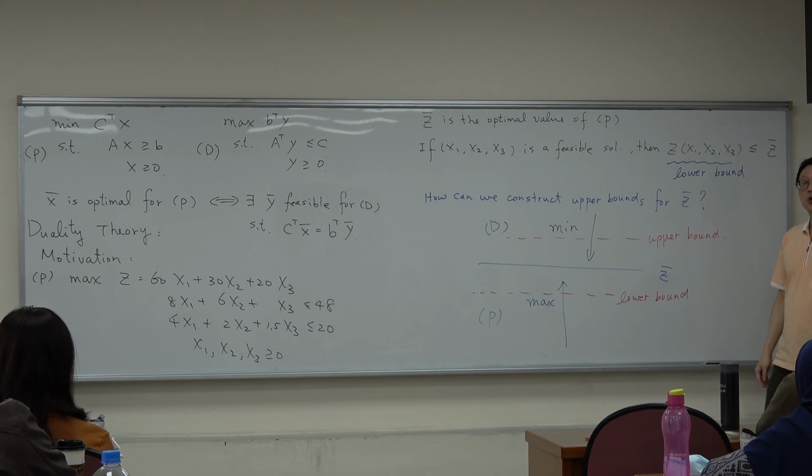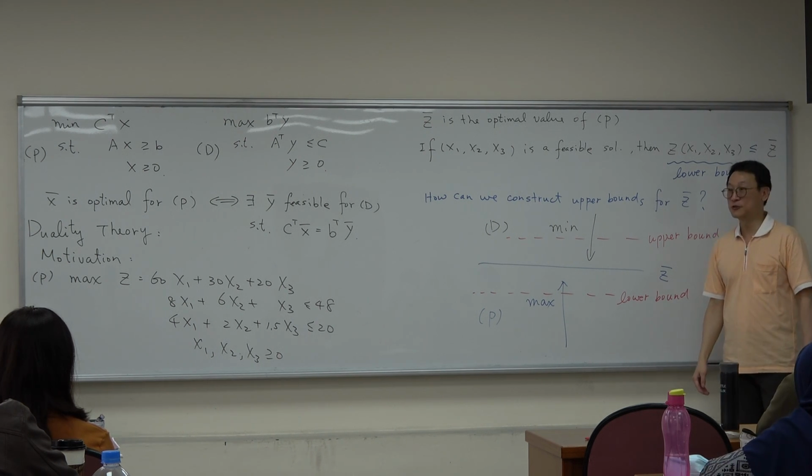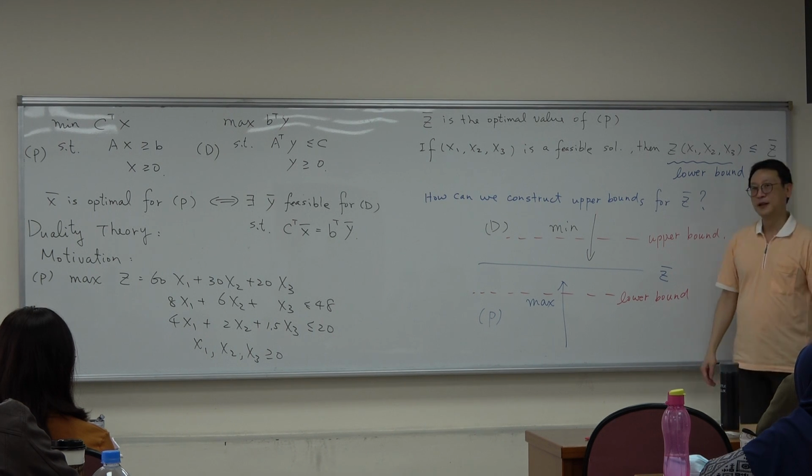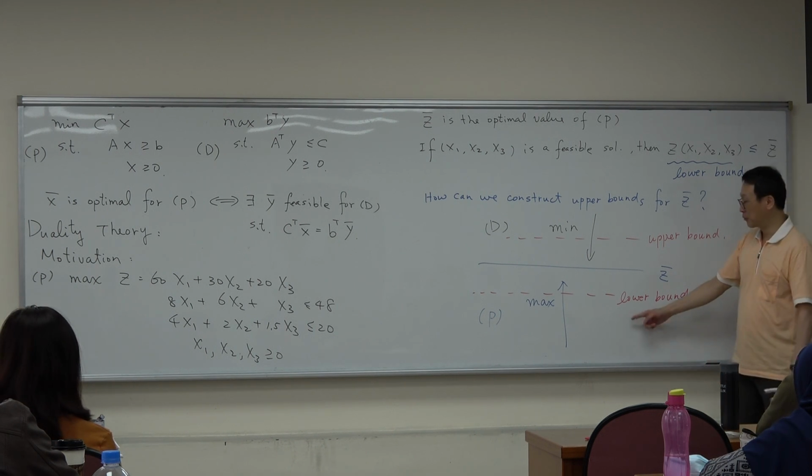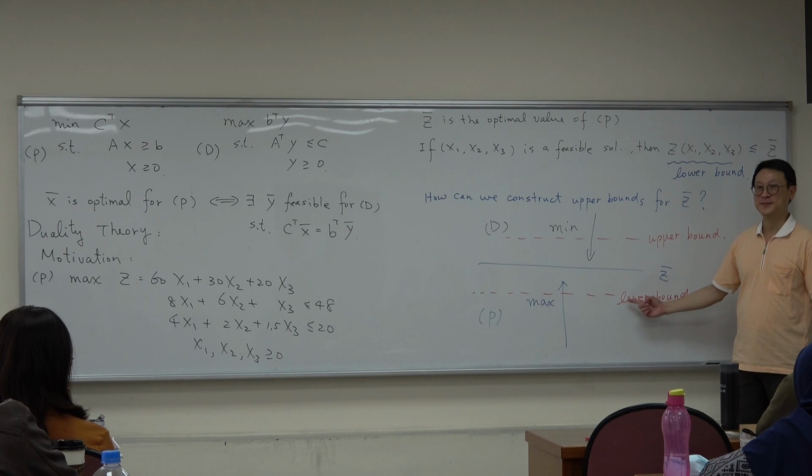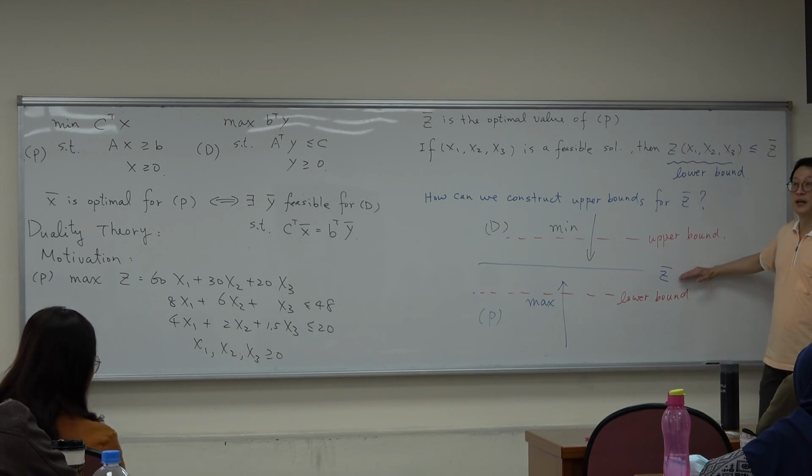Okay? So one day, when you work in your research, probably you only can find a feasible solution. There's no way you can find optimum solution. Sometimes, because the real problem is too complex, there's no way.